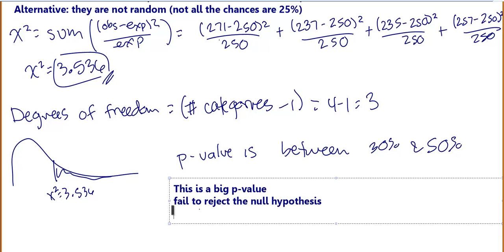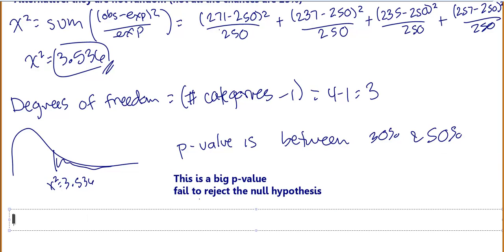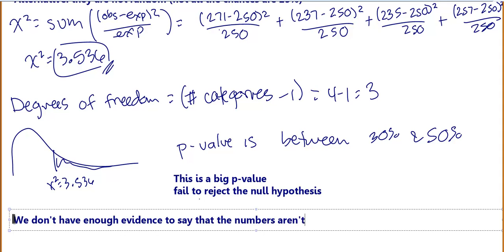Once again, all of your conclusions are always written in terms of the alternative, which was that the letters were not generated at random, so we don't have enough evidence to say that the numbers aren't generated randomly. We still don't know for sure, but we don't really have any reason at the moment to think that they aren't random.